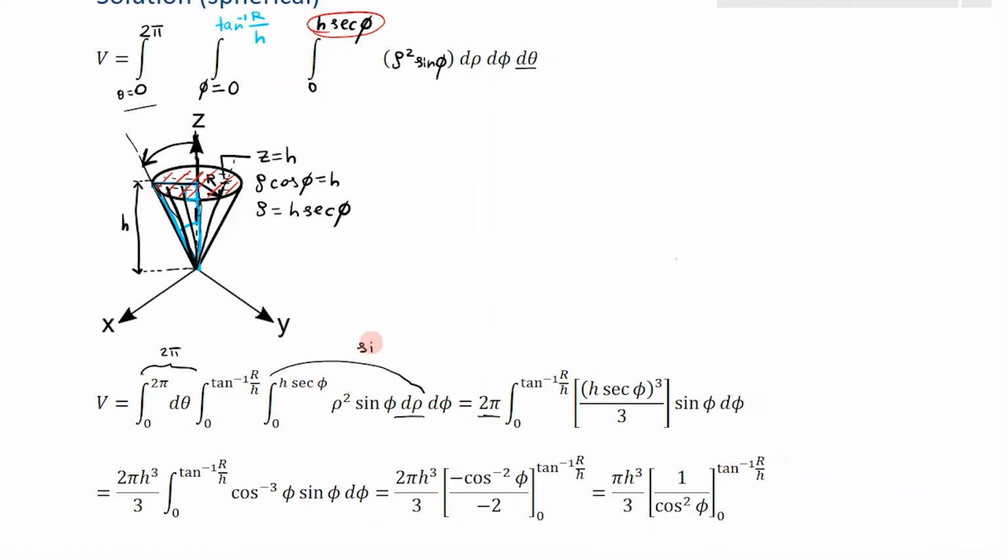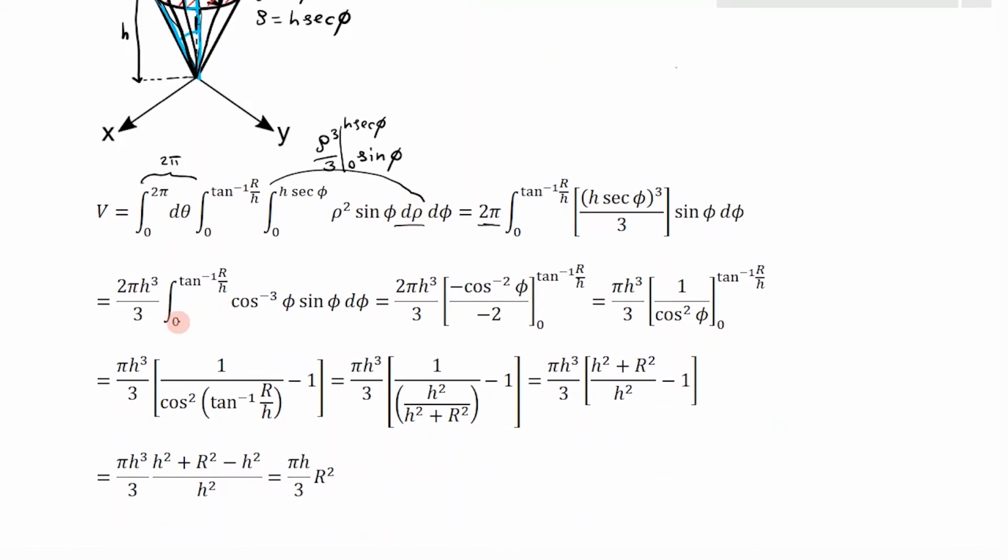So sine phi stayed the same, but now we have rho cubed over 3 from 0 to h secant phi. This gave me h secant phi, all of that cubed over 3, and sine phi stayed the same. Everything else didn't change.